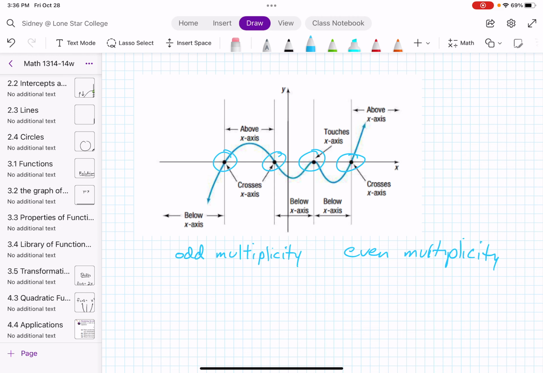When I say odd multiplicity, I mean the same factor, x plus 1, x plus 1, x plus 1, happening an odd number of times.